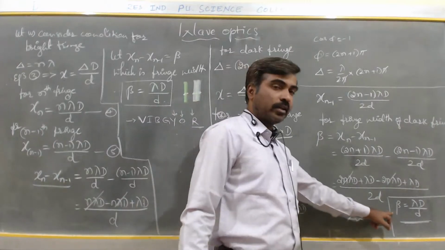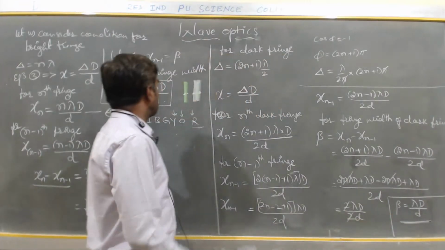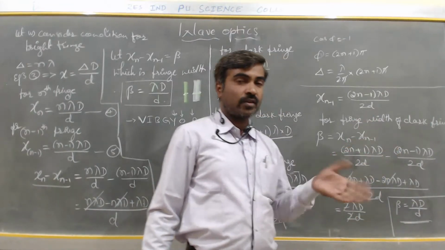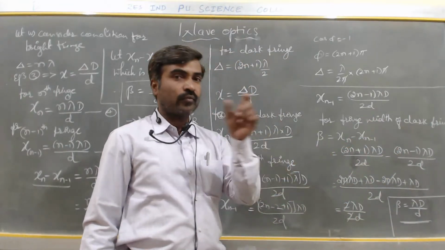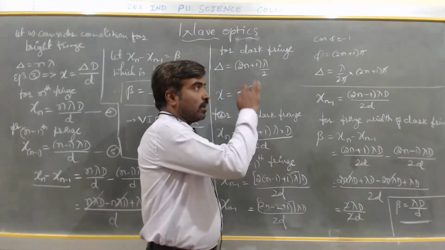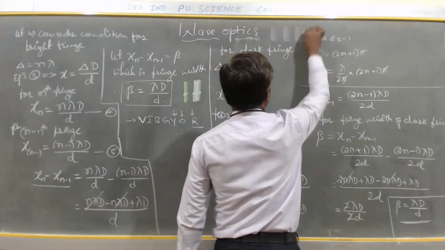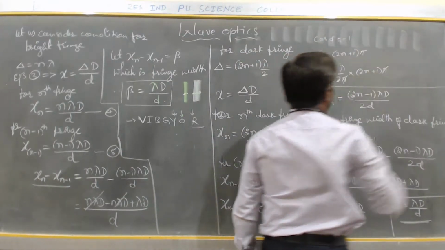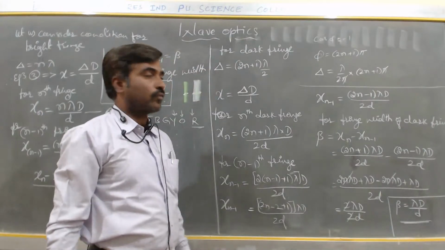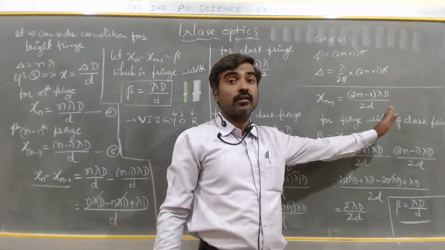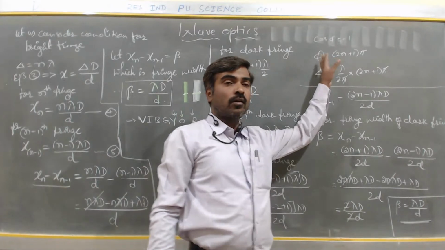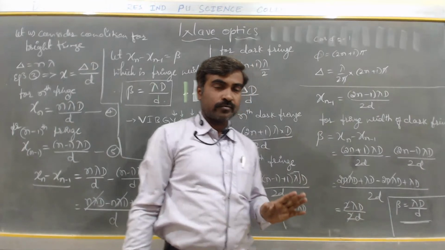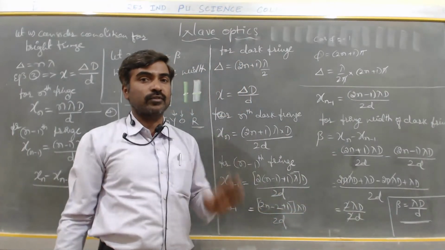With respect to this mathematical equation, the fringe width for bright as well as dark fringe is the same. Throughout the alternate bright and dark fringes on the screen, all the fringes have equal width.